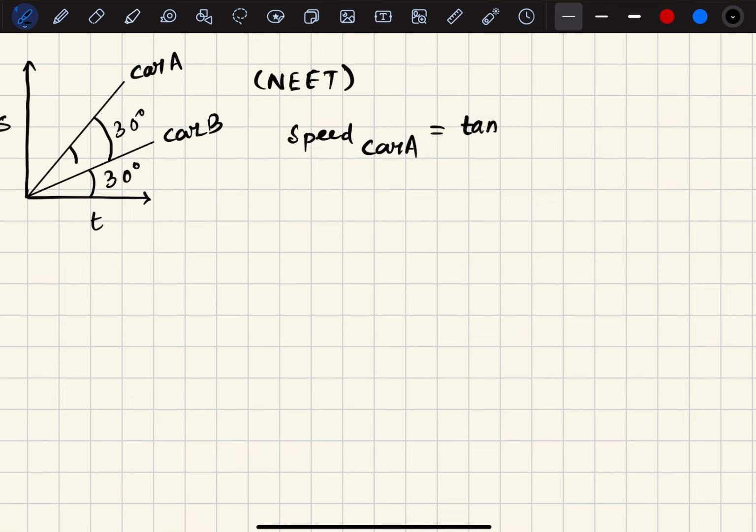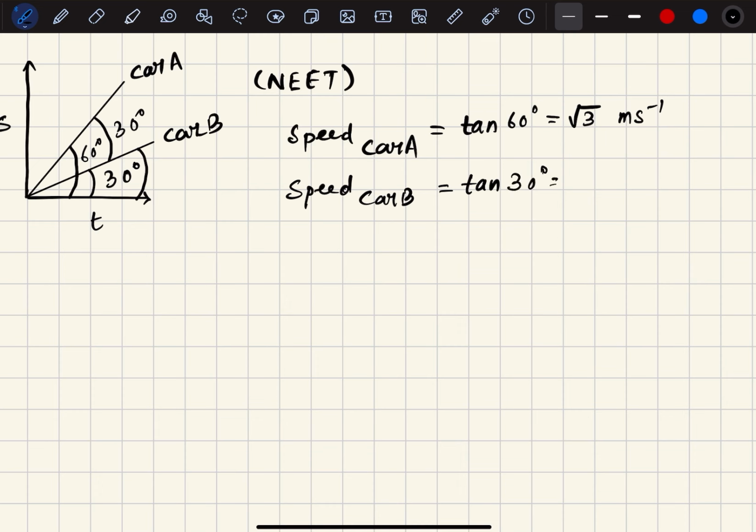So tan 60 degree, this will be root 3 meter per second. Now speed of car B. This should be tan 30 degree, because the angle of car B is 30 degree with the horizontal. So this will be 1 by root 3.